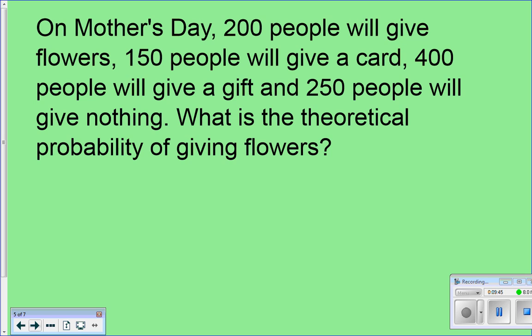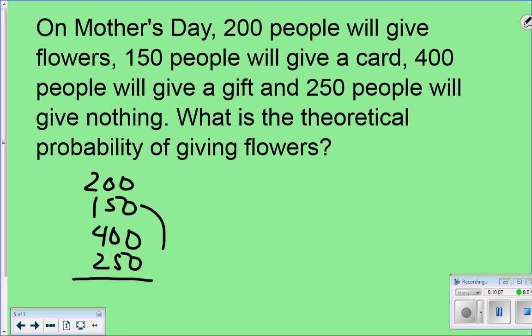Now, before I do anything, what do I have to see? What do I have to see before I figure anything out, Henry? How many people there are total? So how many people do I have? 200, and I have 150, and I have 400, and I have 250. Let's see, these two people equal 400, right?